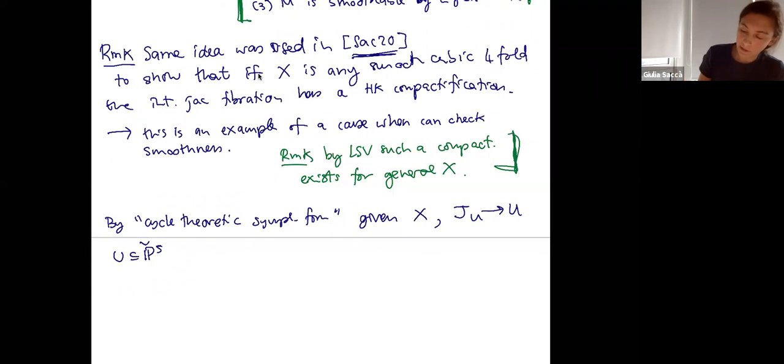And in fact, it was already known by Donagi-Markman that you can compactify in codimension 2, adding the locus of nodal cubic threefolds. And so by theorem 1, the assumptions of theorem 1 are satisfied.